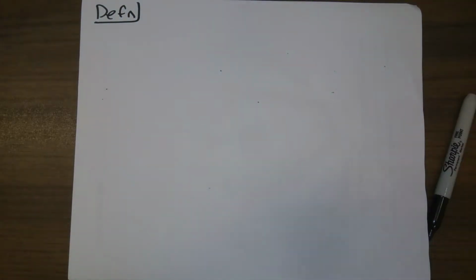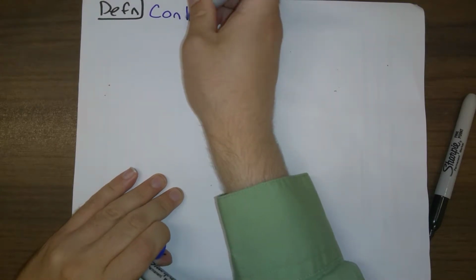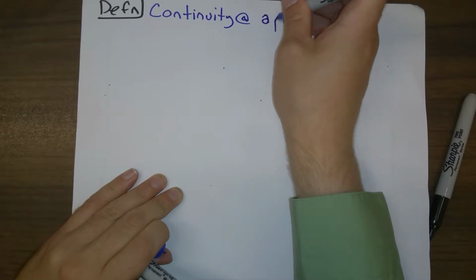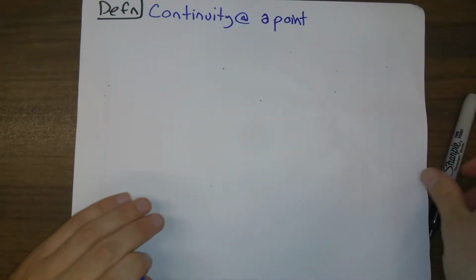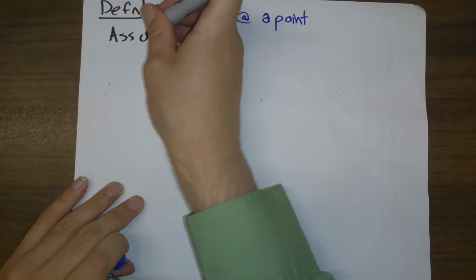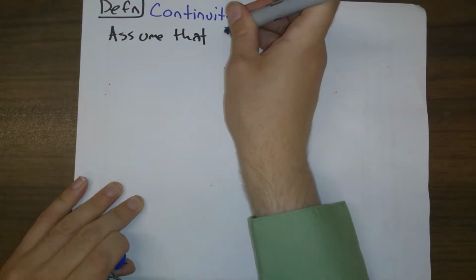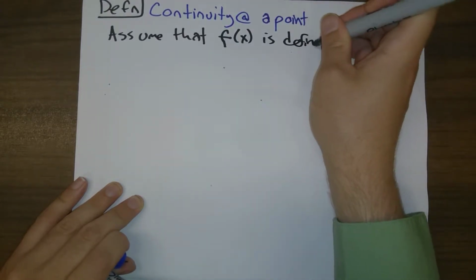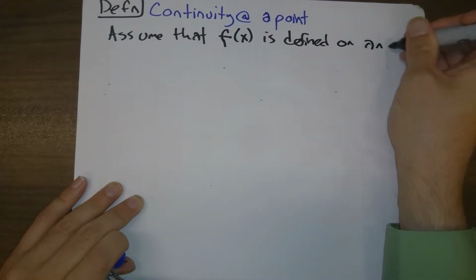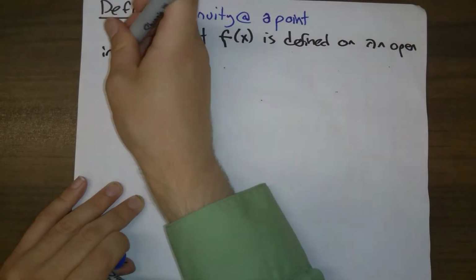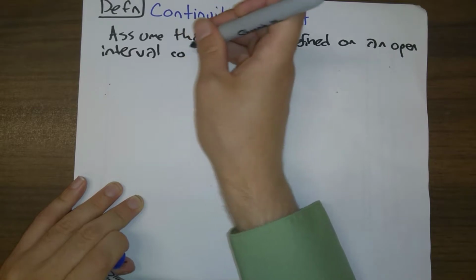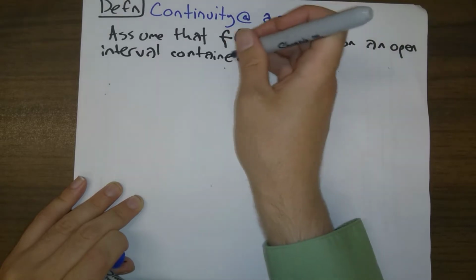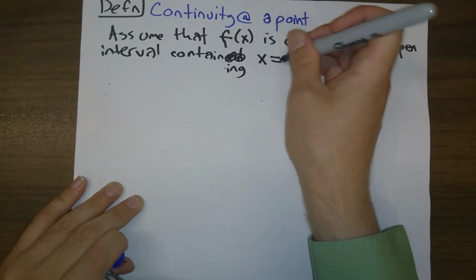This is going to be a definition of continuity at a point. So we're going to assume that we have a function f which is defined on an open interval containing the value of x, some particular value x equals c.